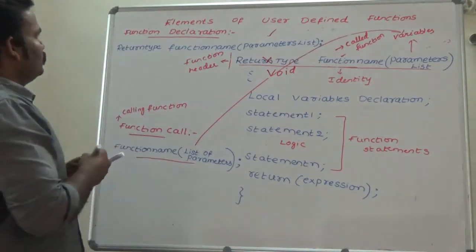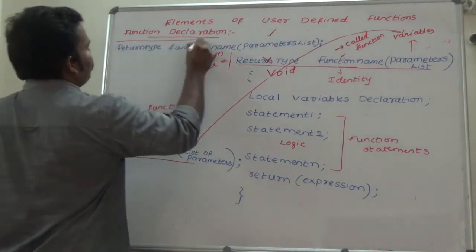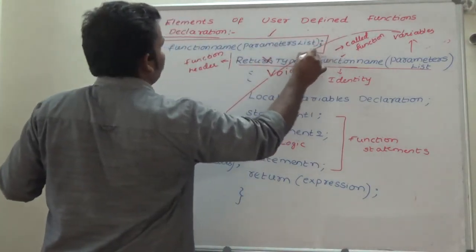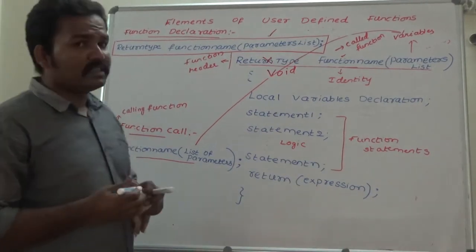So this is the syntax of function declaration. Return type, function name, parameter list, and the function declaration statement should end with a semicolon.